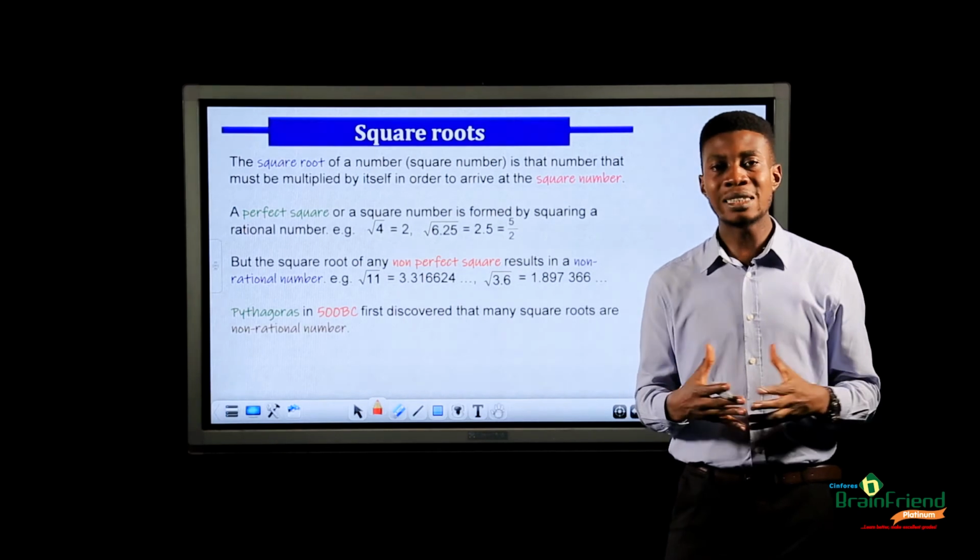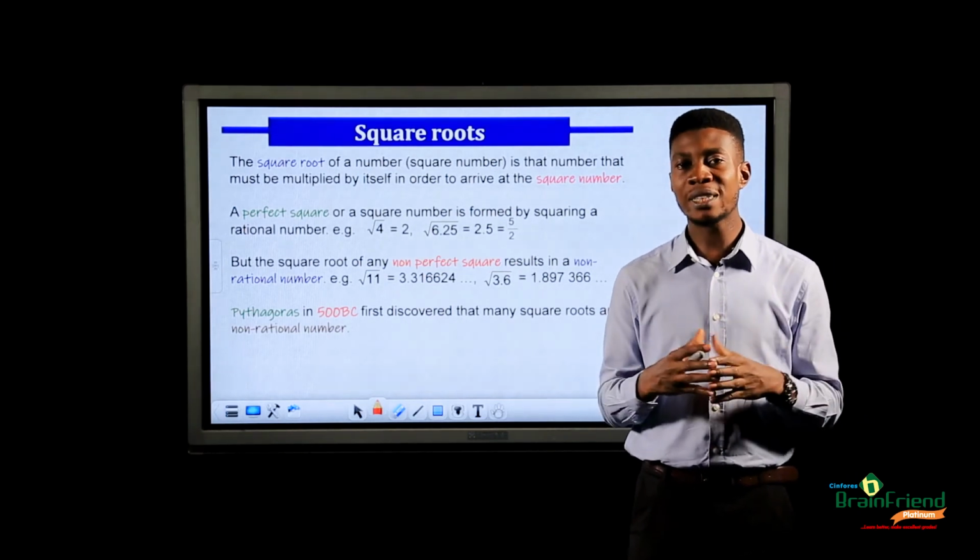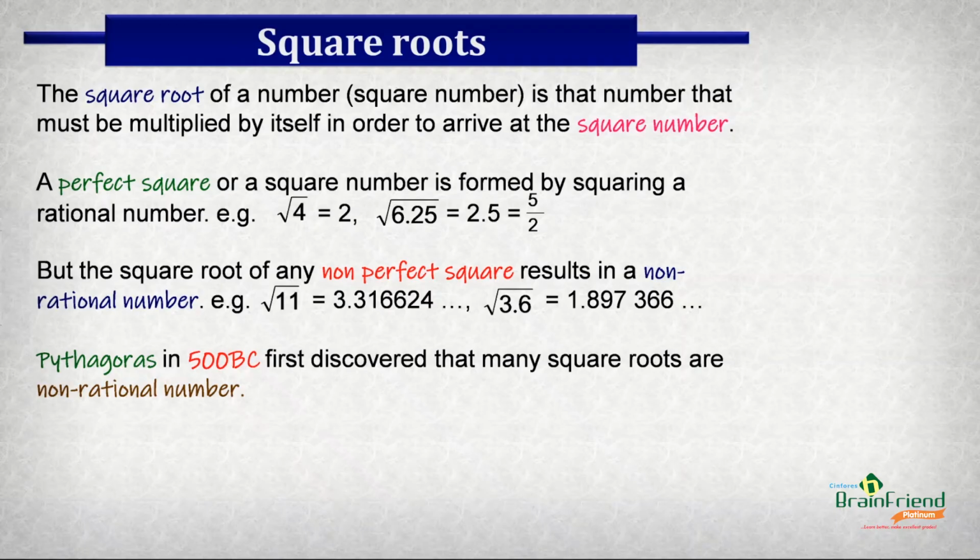Square numbers are also called perfect squares. For example, we have root 4. 4 is a square number, and the square root of 4 is 2. Now 2 is a rational number, so it is safe to say that the square root of a perfect square gives us a rational number.